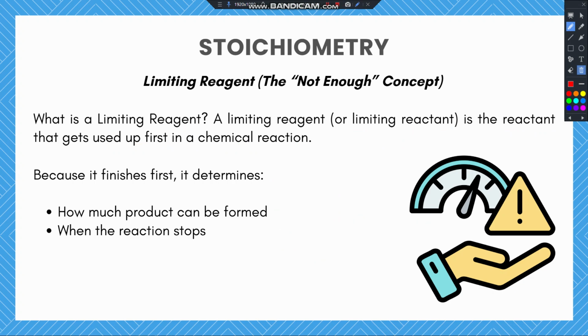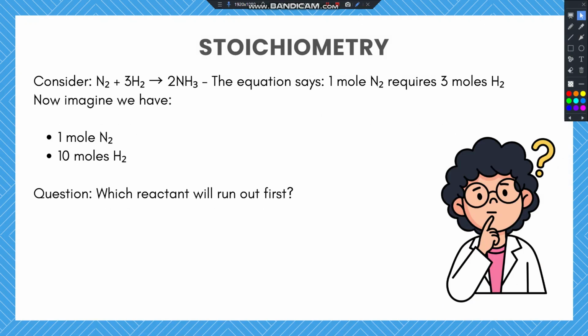Because the limiting reactant is the one that finishes first, it is the one that determines how much product can be formed and when the reaction stops. So basically that's what the limiting reactant is all about. So let's check out some examples on the screen.